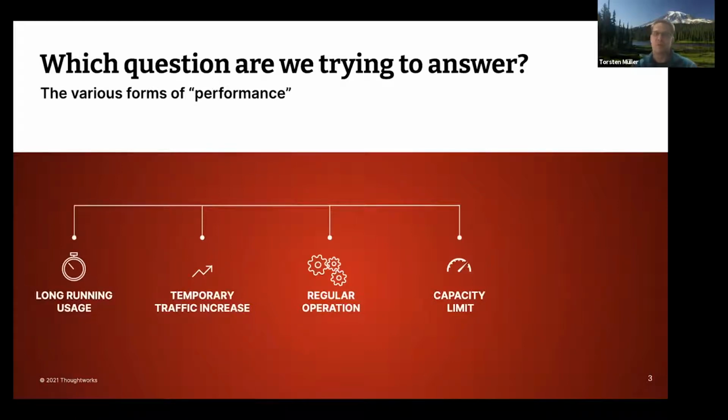Then long-running usage. I assume if you're a developer, you've sometimes noticed that due to some programming error, there are some threads that get lost, or threads are killed. So there's a test that basically runs long-term and sees how the performance changes over a longer term. And then closely related to the capacity limit is the breakdown.